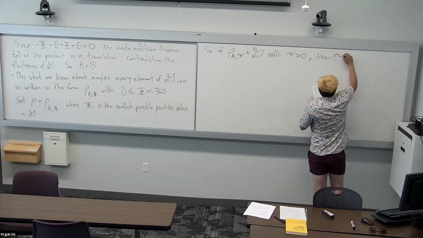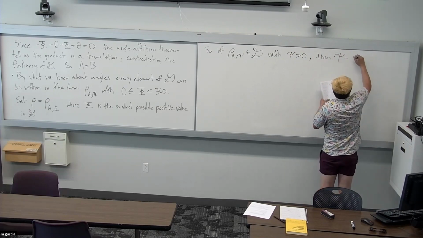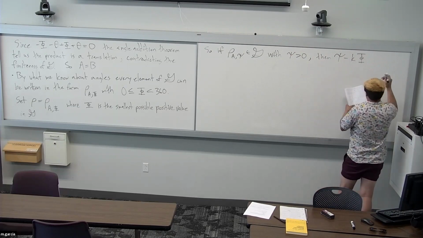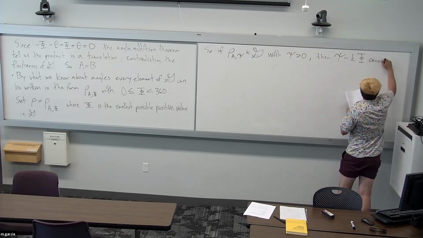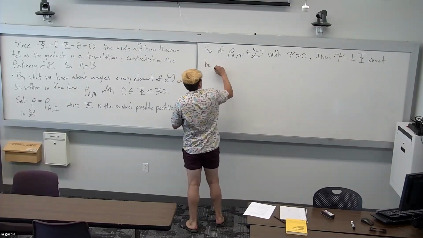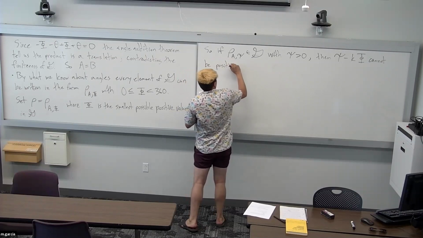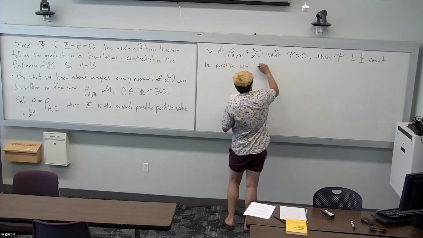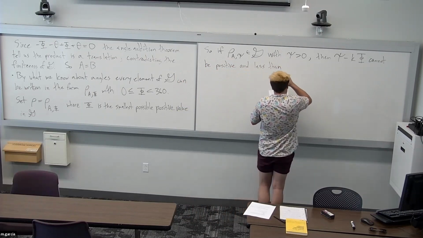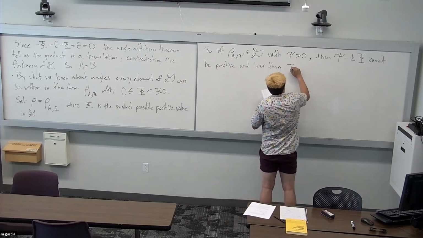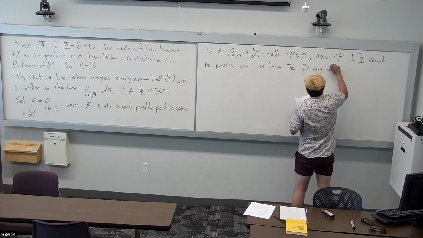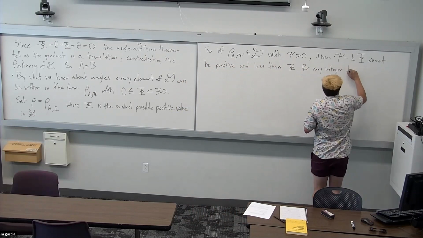Then psi minus k times phi cannot be positive and less than phi for any integer k.